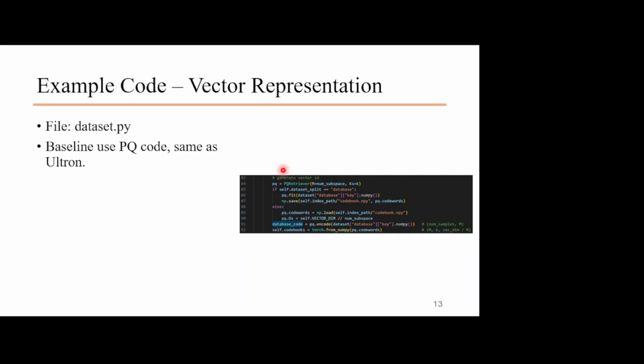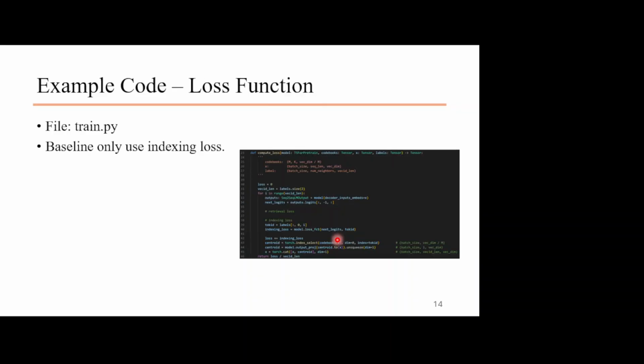And the second one is dataset.py, and we perform PQ in this file. So if you want to use another type of vector representation, you can modify this part of code. And the last one is train.py.